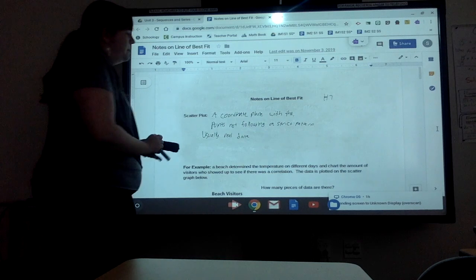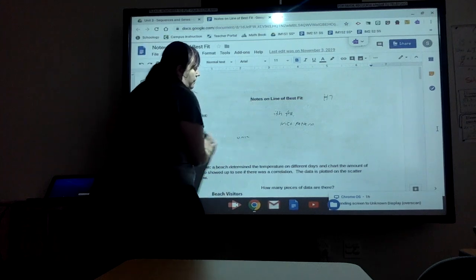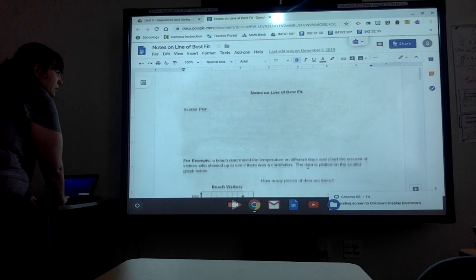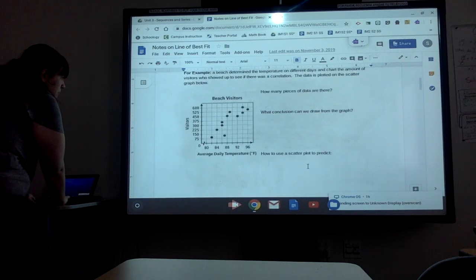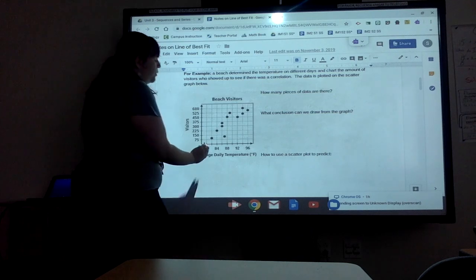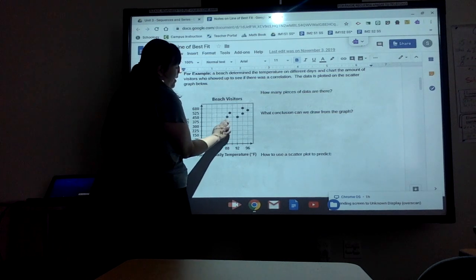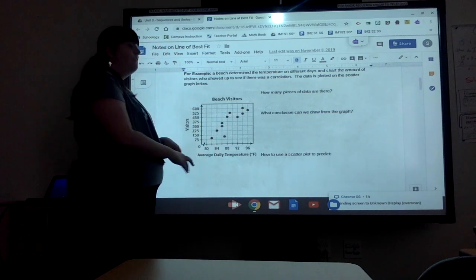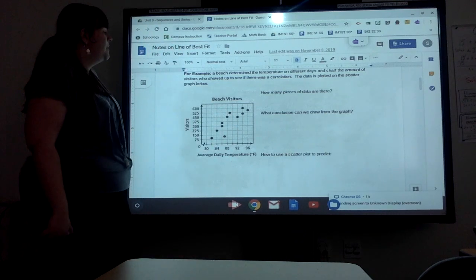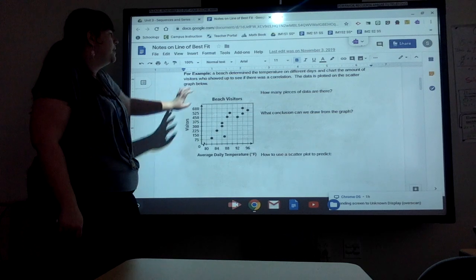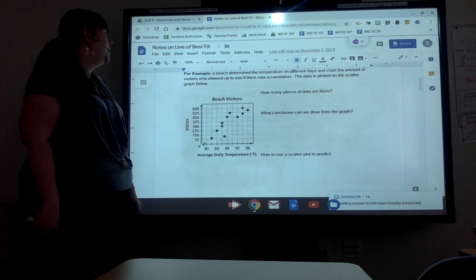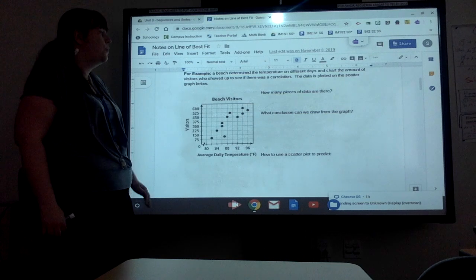So I'm going to show you an example. I'm going to erase this. This is a scatter plot. So they sort of have a trend, right? They sort of start down here and work their way up-ish, but they're not following a very strict, straight line type of pattern. So this is very real-life information because, for example, a beach determined the temperature on different days and charted how many visitors showed up to see if there's a correlation.